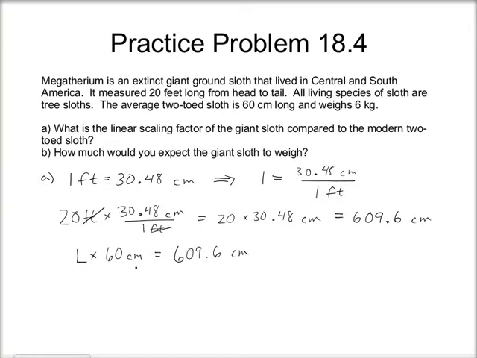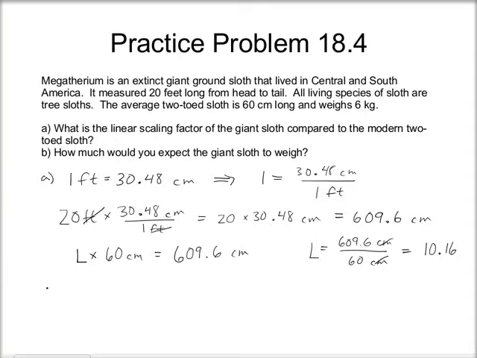So if I divide both sides by 60 centimeters, L is going to equal 609.6 centimeters divided by 60 centimeters. My centimeters are going to cancel, and 609.6 divided by 60 is equal to 10.16. So that's my linear scaling factor of the giant sloth compared to the modern two-toed sloth.